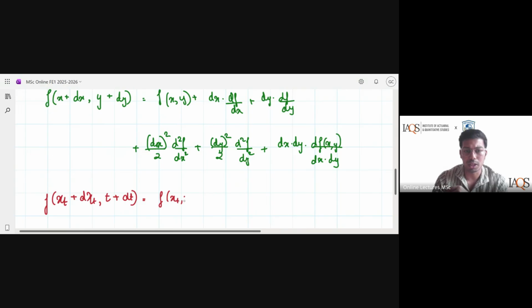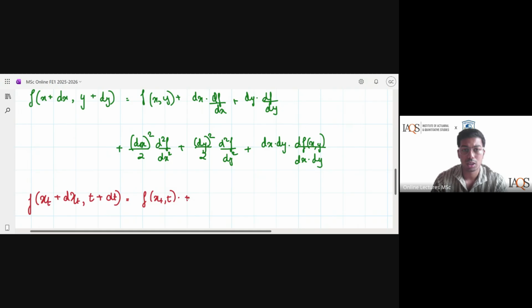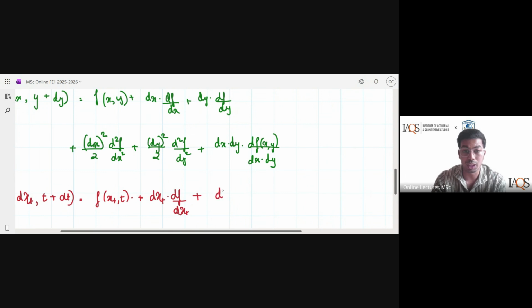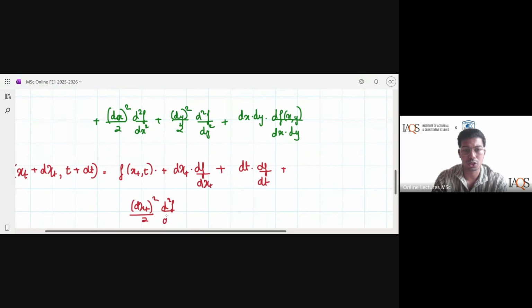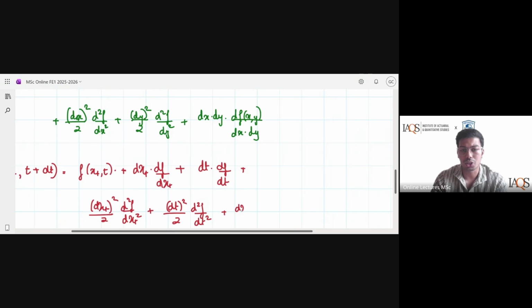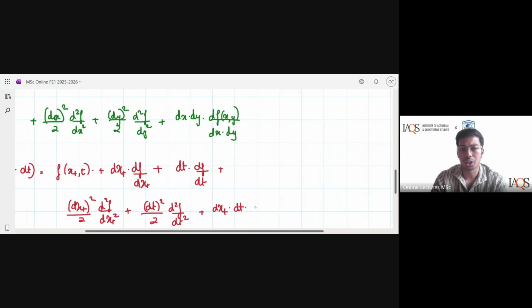F of xt comma t plus dxt into df by dxt, plus dt into df by dt, plus dxt square by 2 times the second derivative of the function with respect to xt, plus dt square by 2 times the second derivative with respect to t, and then the additional term, which is dxt into dt into the derivative of the function with respect to xt and t.